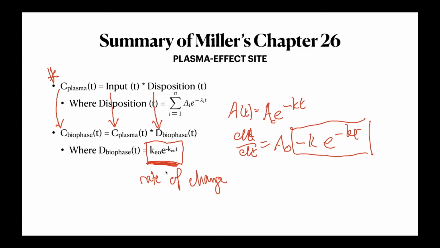The most important thing that you should acknowledge is the importance of KE0 in this. You don't need to describe it as such, but it tells you how important the elimination rate constant is when we discuss the time to peak effect as well as the time to equilibration for the effect site.